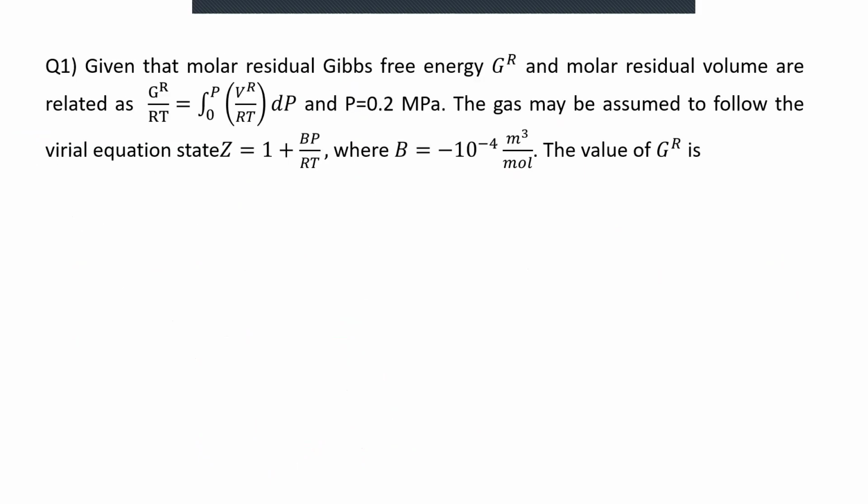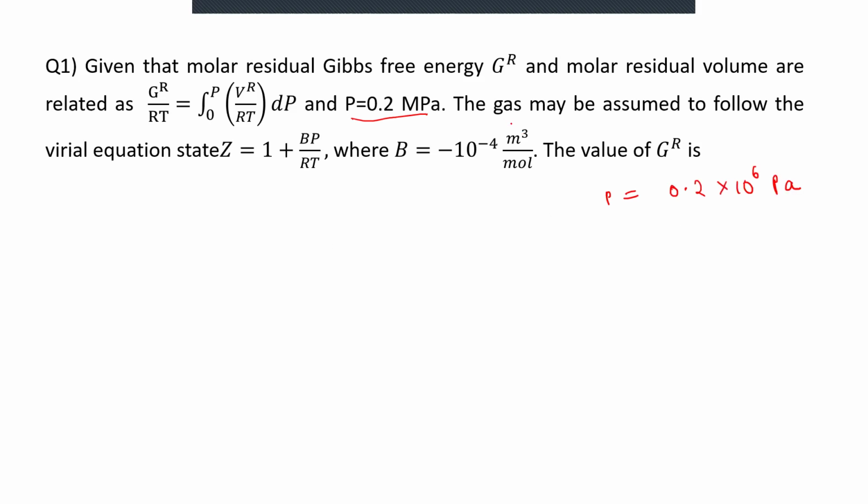Now coming to a few questions. Given that the molar residual Gibbs free energy G^R and molar residual volume are related as this, which we recently derived, at P equal to 0.2 megapascal, so P is equal to 0.2 into 10 to the power 6 Pascal.